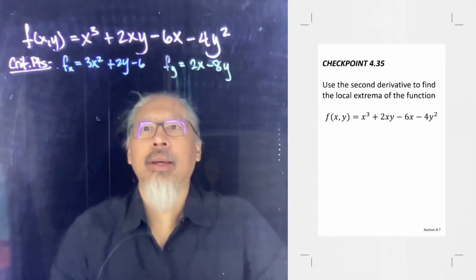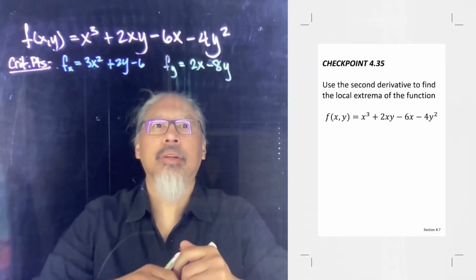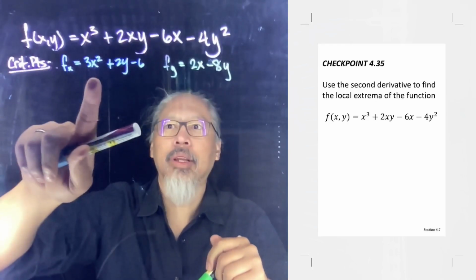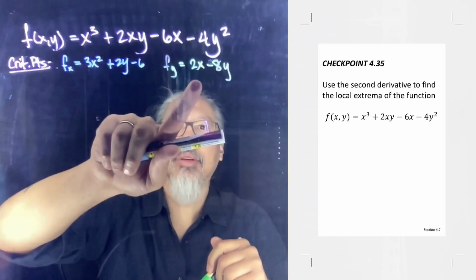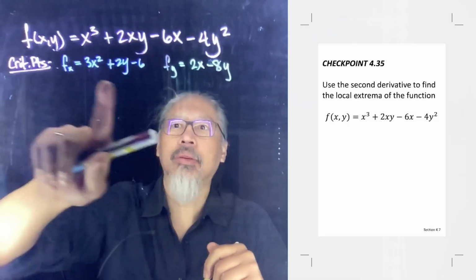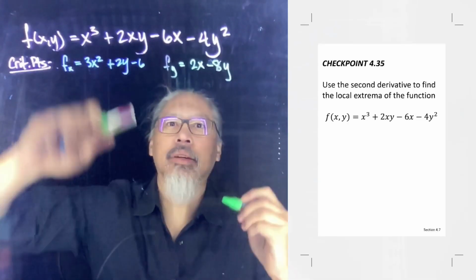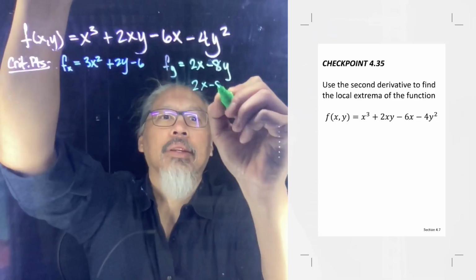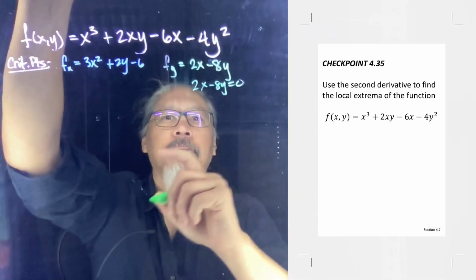Now, if we set them equal to 0, I think solving for x in the derivative with respect to y equal to 0 and putting that into the other equation would be useful. So I'll say 2x minus 8y equal to 0.